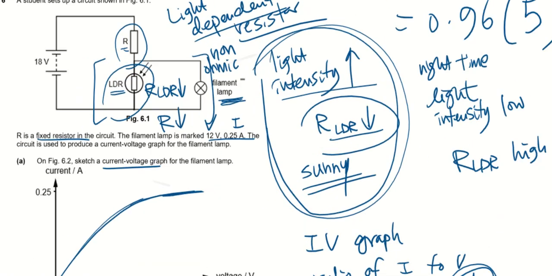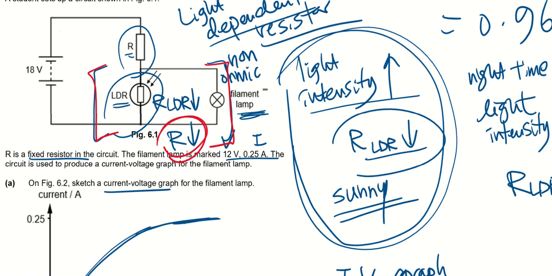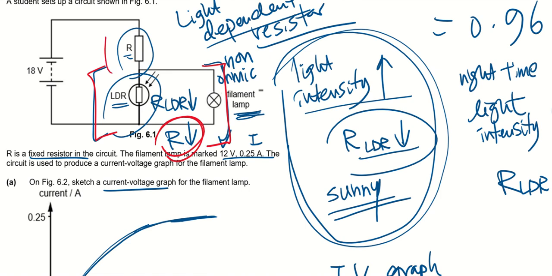So when this LDR experiences more light, the resistance decreases. Therefore, this parallel branch effective resistance will decrease. If it decreases, what happens to the effective resistance of the entire circuit? It will decrease, right?